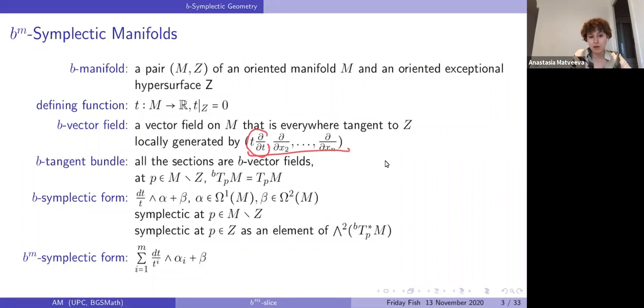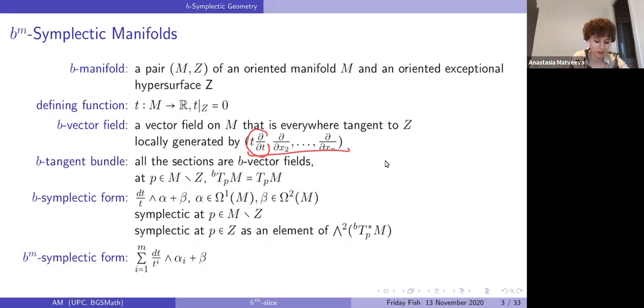Once you have this, you can define the B-tangent bundle, which you can define by listing all its sections. We say that the B-tangent bundle is the bundle, all sections of which are these B vector fields. Also, if you take a point outside the hypersurface, you may notice that it just coincides with the usual tangent bundle, and on the hypersurface it is different.